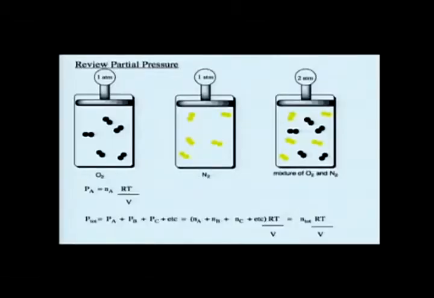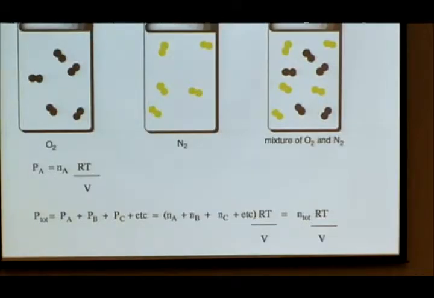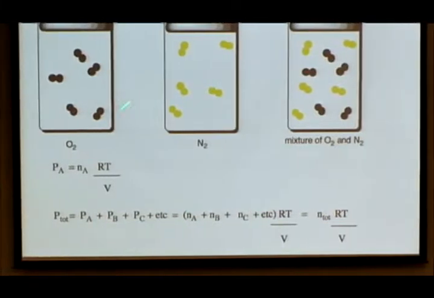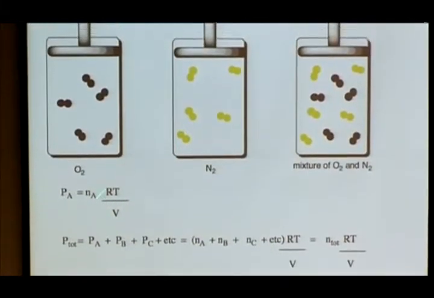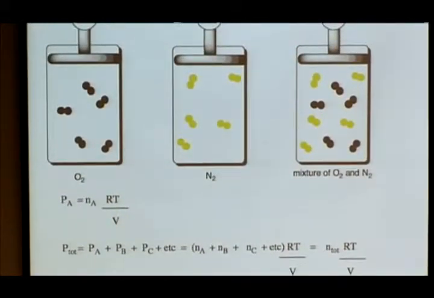So let's look at some equations. The partial pressure of a gas, P sub A, is equal to the number of moles of that gas, and we also have in this equation R, our gas constant, T, our temperature, and V, our volume.